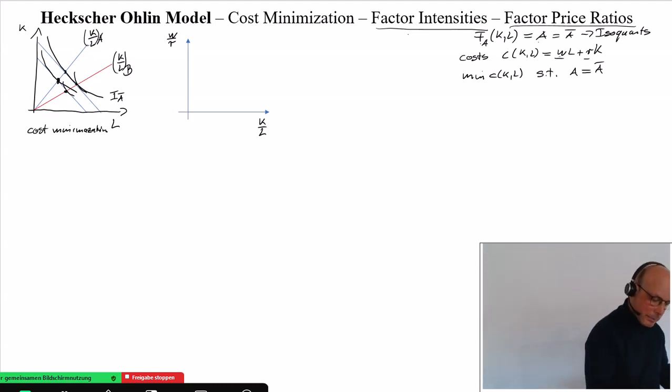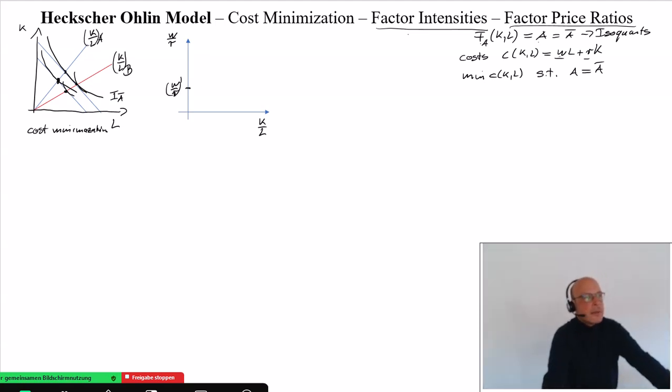So then, if we assume just one given factor price ratio, W over R prime, this is just one number.